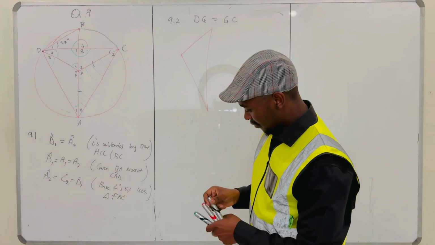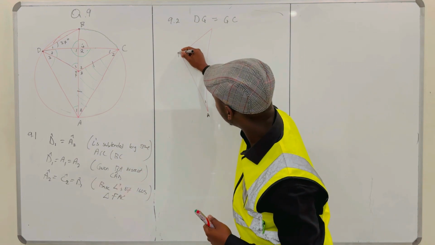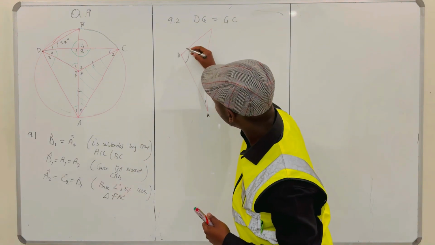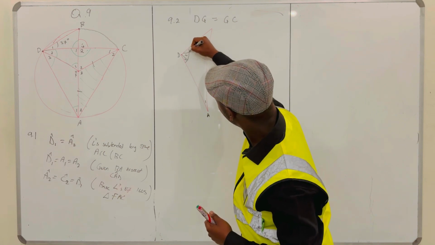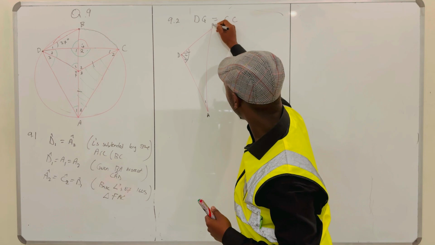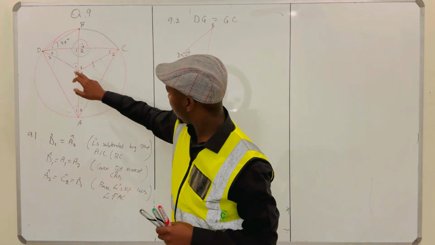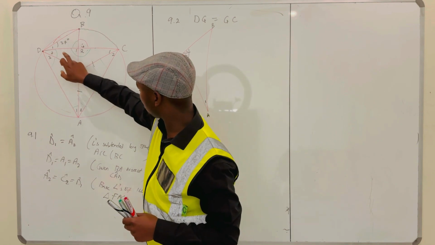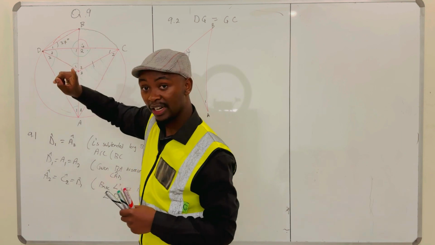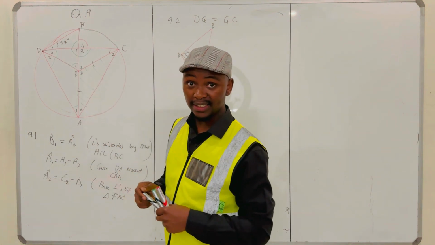In that triangle there's A1, there's D1, D2, D3, and then there's just that angle B. Remember I said to you that if you go for this triangle, you need to find two angles. If you go for this one, you need to find one angle, which you are then going to use to prove that this one is 90.